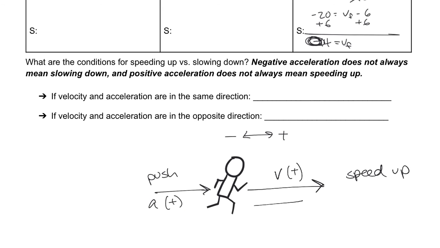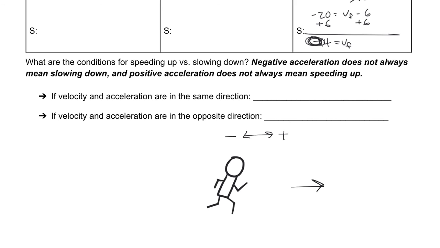But if I push him from the front and make my acceleration negative, I put -1, I just meant negative. Let me erase that really quick. If I make my acceleration negative, going towards the negative direction, so my runner's running positive, I'm pushing him negative, he's going to slow down. All that makes sense. But let's flip it and see what happens.